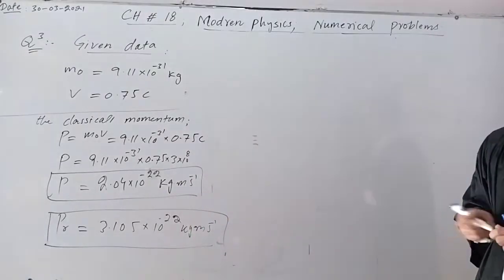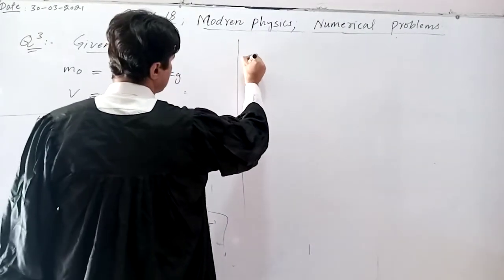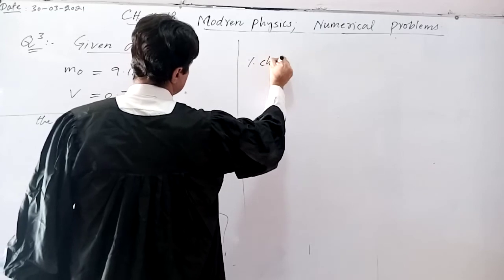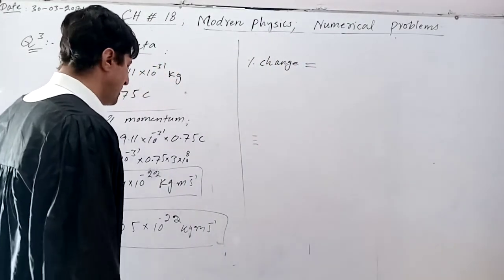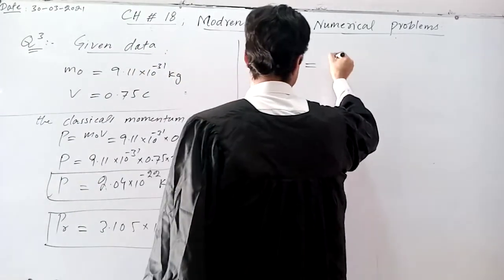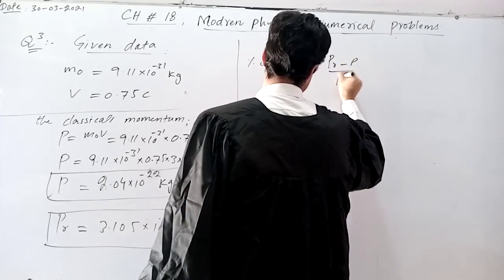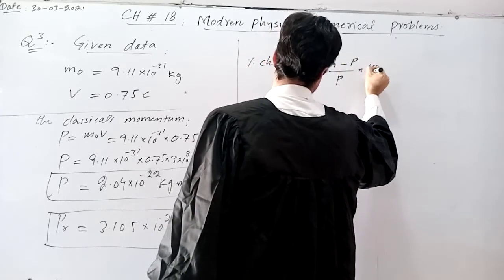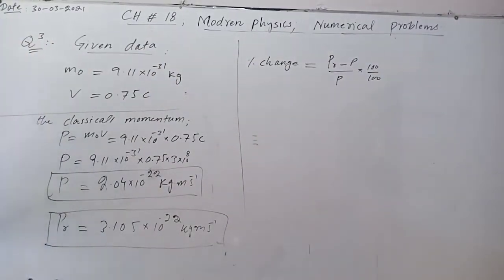So how can we compare? The percent change between these two momenta will be PR minus P divided by P multiplied by 100. The answer will be in percentage.